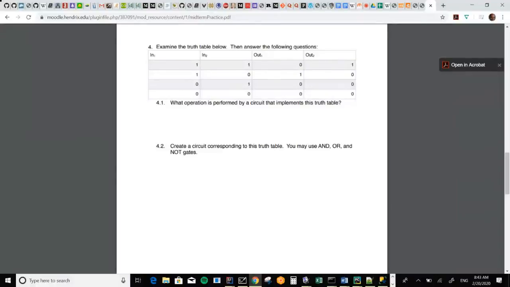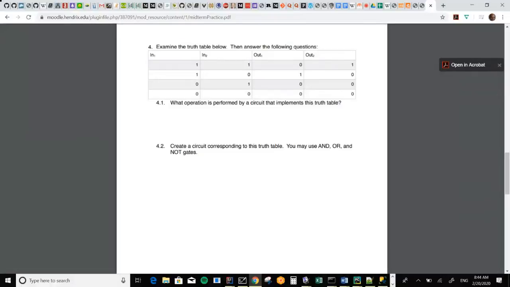So input 1 and input 2 represent the values, well, wait, no, one of them is a value and one is a select bit. So input 1 is a value. Input 2 is a select bit.